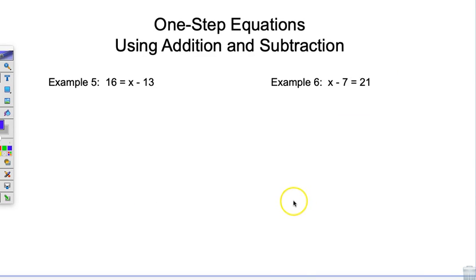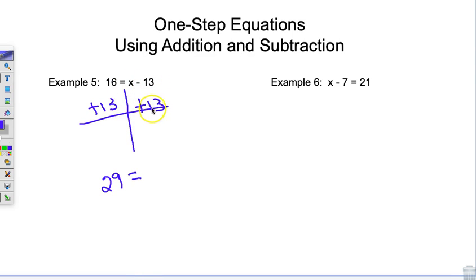Couple more examples. Just viewing again with that answer being on the left side. x subtract 13. Here's my variable again. I am subtracting 13, so I want to do the opposite of that. That would be adding 13. So I'm going to add 13 to the right side and 13 to the left side. Draw my line. 16 plus 13 is 29.